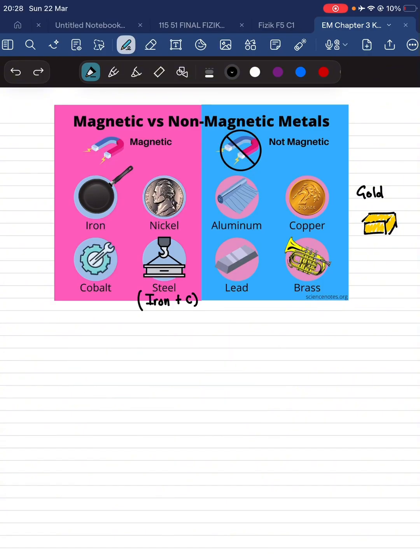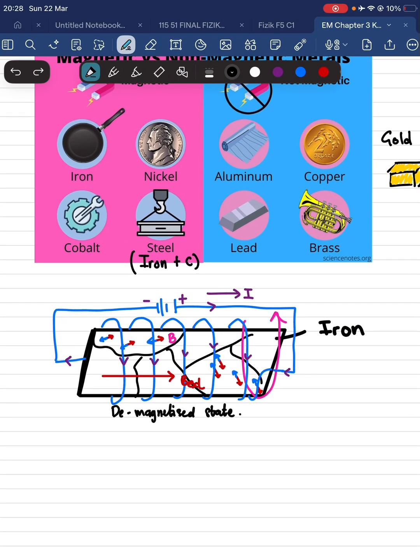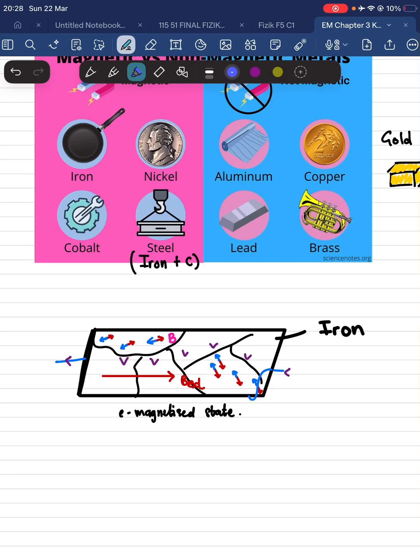Okay, so how does a magnet become a magnet? You need to know that a magnet is of course composed of atoms, right? This is, let's say, without the circuit first, the initial state. In iron we have so-called domains. All of this part here I call a domain of the iron.